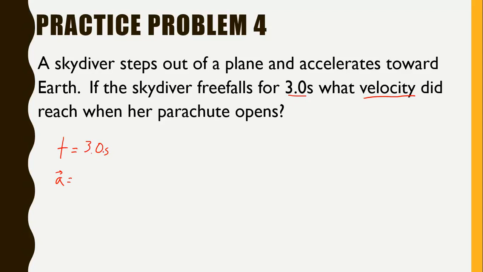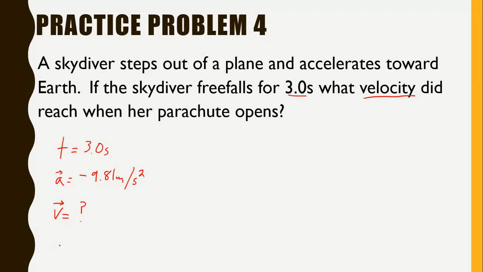Earth's pull on this skydiver is negative 9.81 meters per second squared. The negative means downward. And what we want to know here is what velocity this skydiver reaches after 3 seconds.